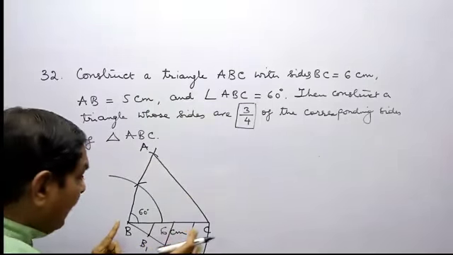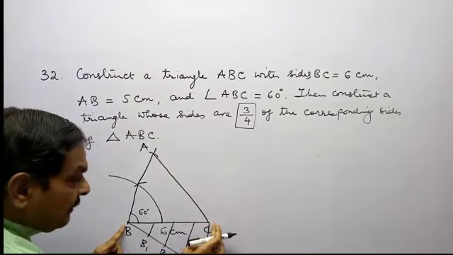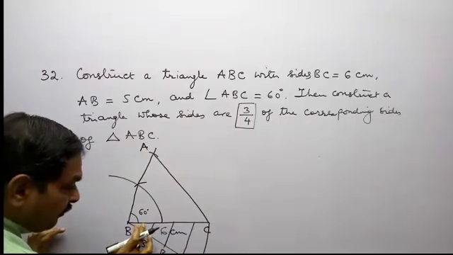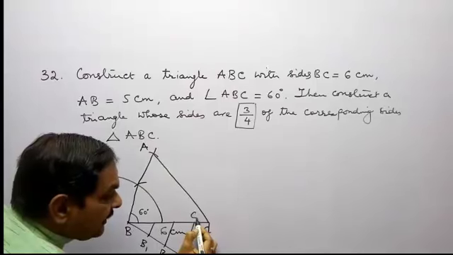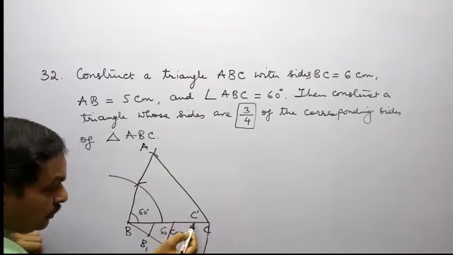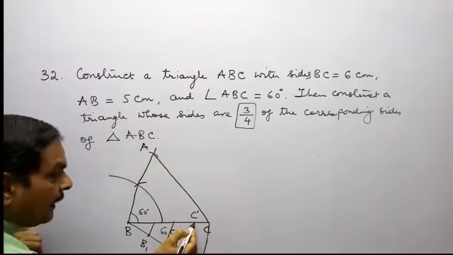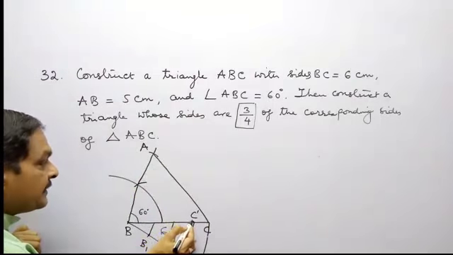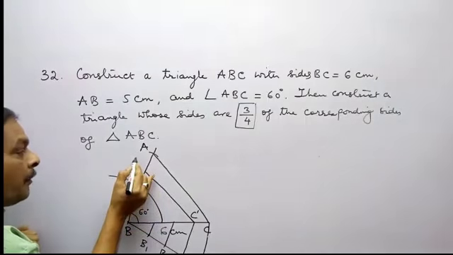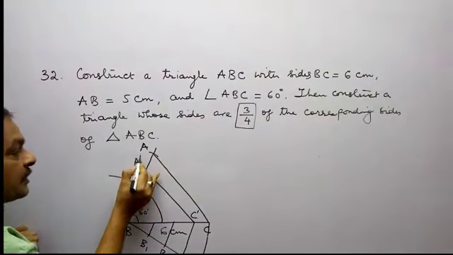Now we have divided this line segment BC in 4 parts, 1, 2, 3, 4. So let this point be C dash and draw a line from C dash parallel to AC like this and obtain a point A dash.